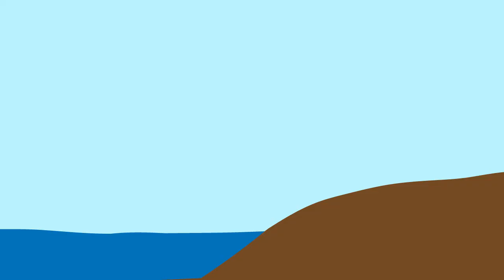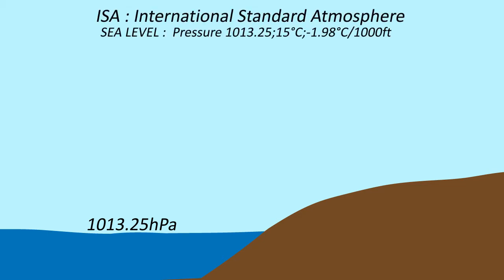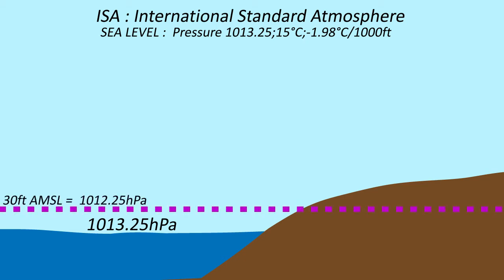It is also a rule that the standard sea level pressure is 1013.25 hectopascals. Therefore, if standard atmospheric conditions exist, the pressure at 30 feet above mean sea level would be 1012.25 hectopascals.